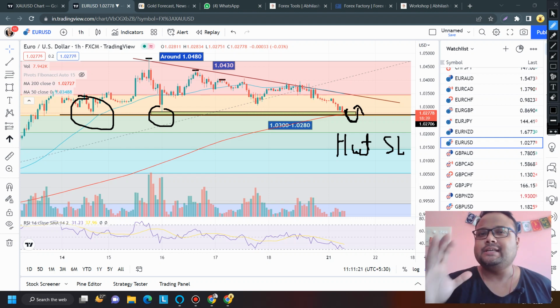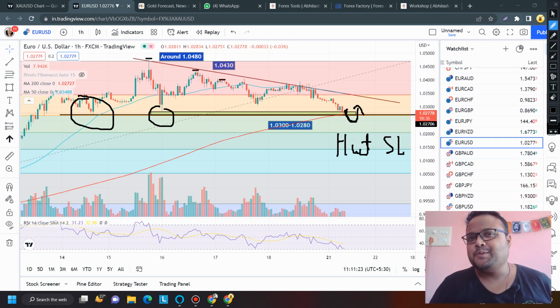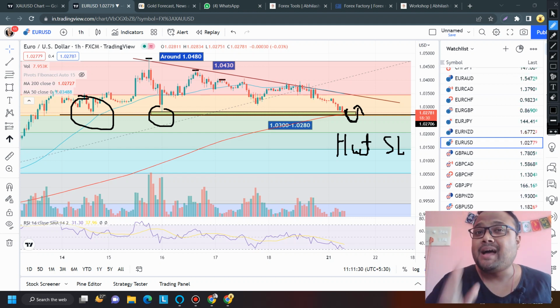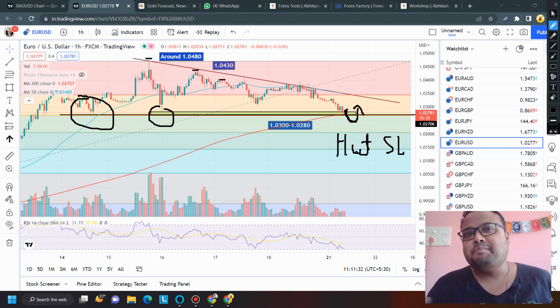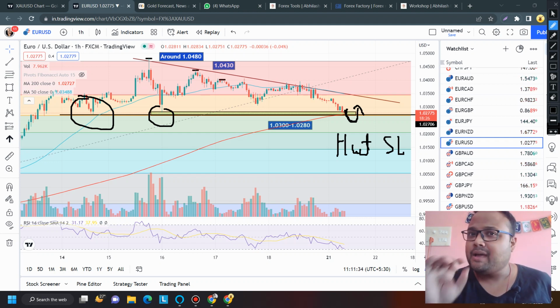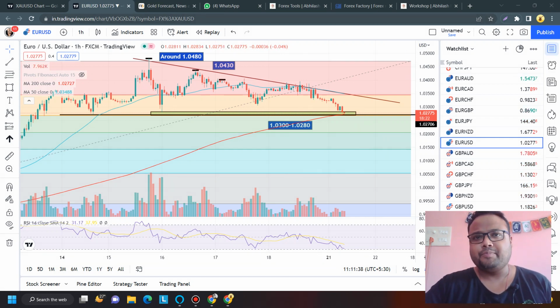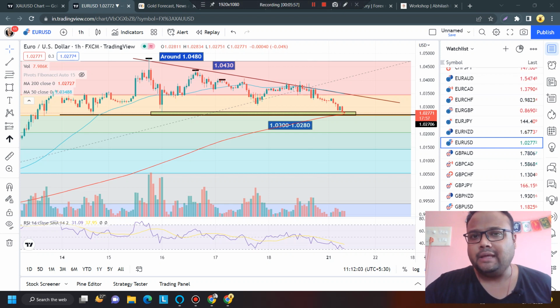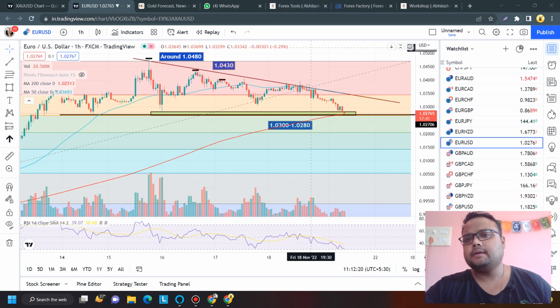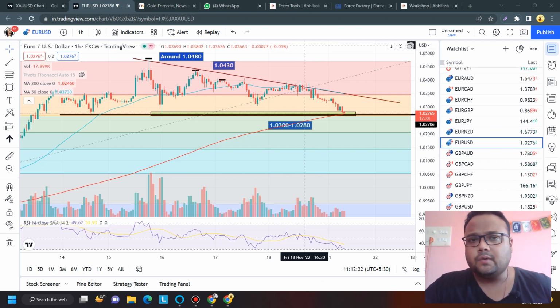So in case you see the market going down, do not place a sell order immediately. Observe the market for a few hours, because the sharks, the big institutions driving the market, may go for hunting down stop losses as well. So please be careful. Let's wait for the European session, and then it will be easier for us to take the decision. And to be honest, the picture is not very clear for the US session as of now.